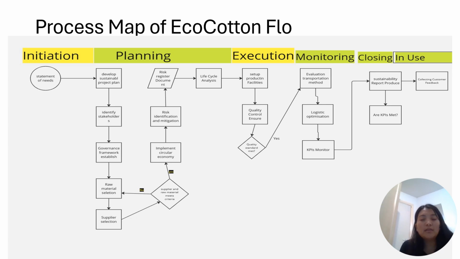Stakeholders identification is one of the major tasks, because it helps to determine who the players are and how they collaborate to ensure the production of EcoCotton Flo successfully.